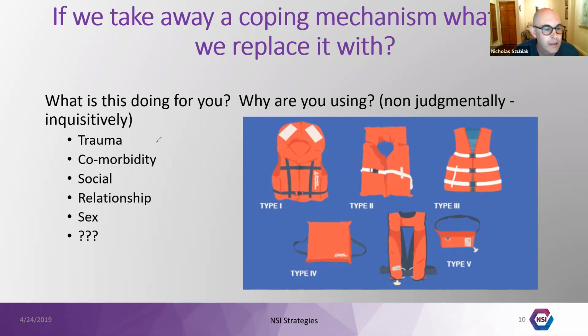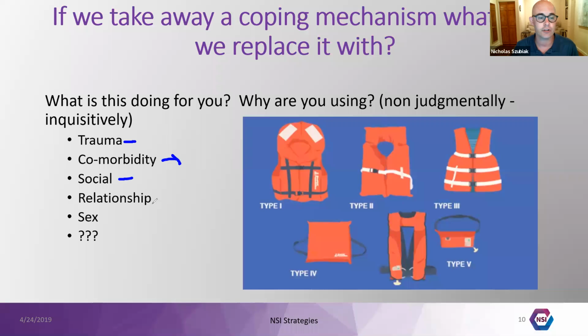So we know from the research that many of our patients have experienced trauma, and trauma may be a component that they are experiencing. We know half the patients with a substance use disorder, and vice versa, half the patients with a mental illness have a substance use disorder. So there is comorbidity with our patients. Are we medicating and utilizing drugs and alcohol to help us manage other co-occurring disorders?